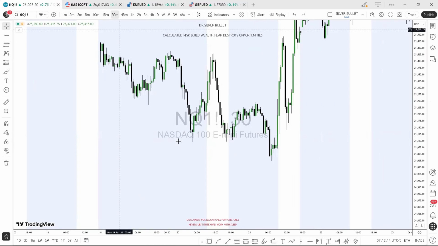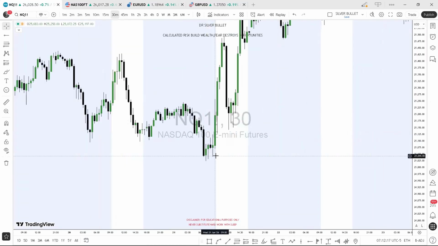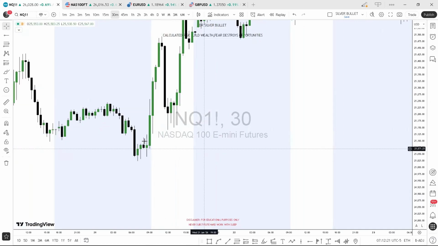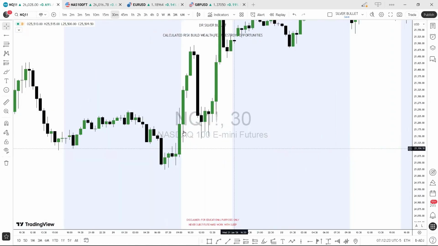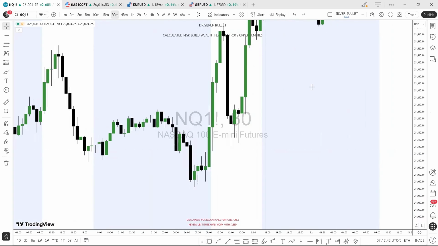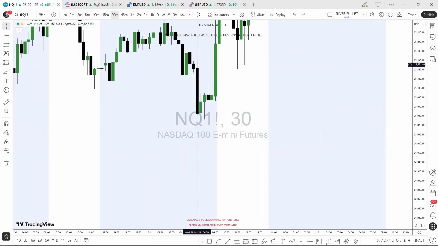What are the characteristics of an order block? Okay, I took these three down close candles, 1, 2, 3, as an order block. Why? Because if I want to modify it and make it just a simple one, I will just go for this last one.